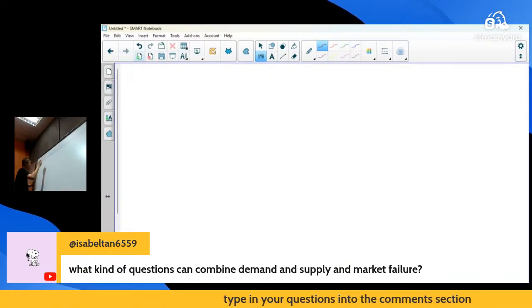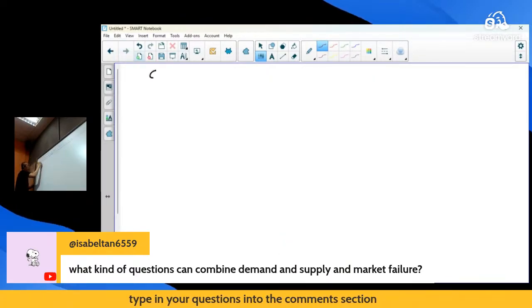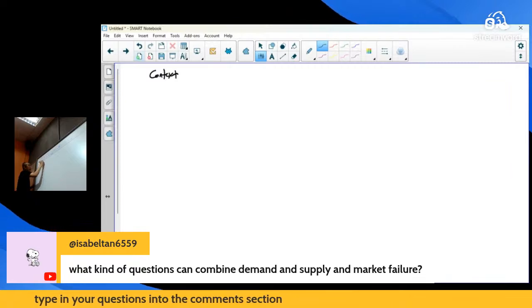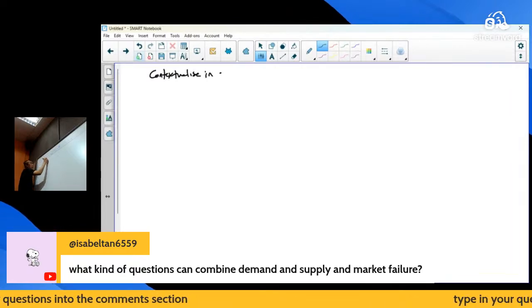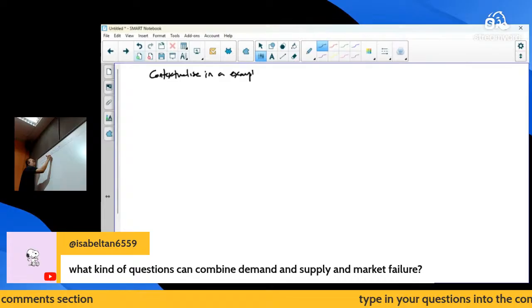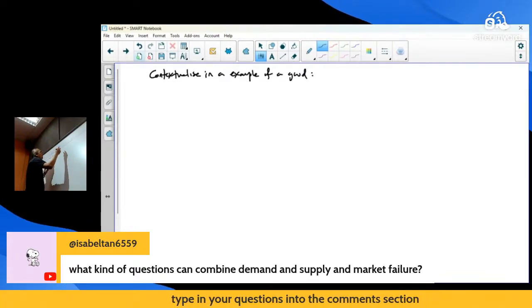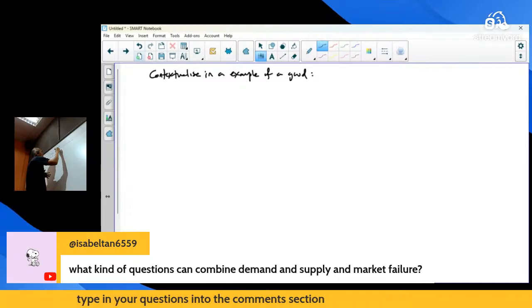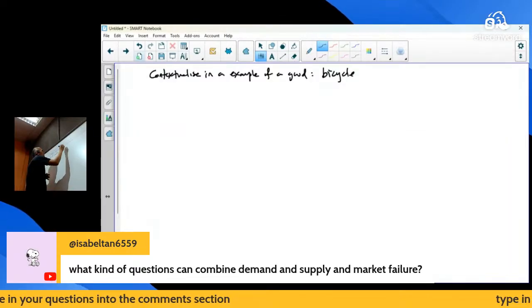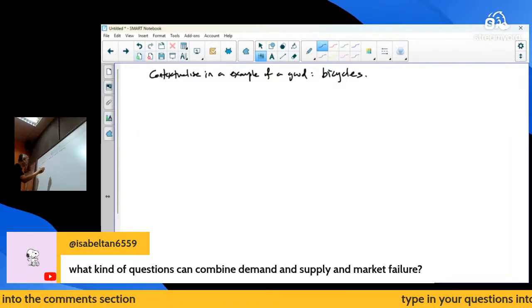All right, so what you do next is to contextualize in an example of a good. So for example, you want to put a good such as bicycles. So you follow the Cambridge exam question in the past.